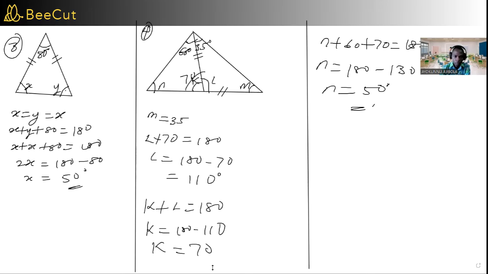We're going to look at one or two more questions. Let me save this here, and we'll be able to come back to that later. So let's look at this particular one. It says find missing angles. This is what it is, okay?